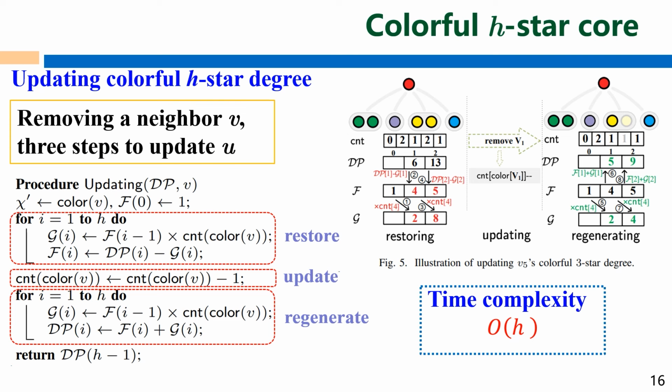In the last step, our algorithm calculates G_i and DP_i based on F_i and the updated color group of these labels. A striking feature of this updating algorithm is that it can achieve a very low time complexity, that is O(h), for an update. This feature can help us compute the colorful edge star core decomposition in linear time.